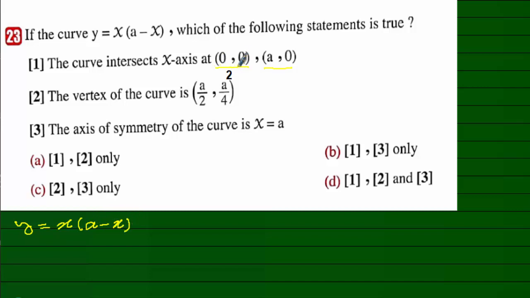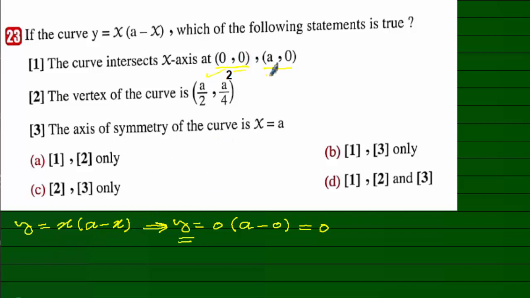In this point, x coordinate equals 0. So substitute x equals 0, we get y equals 0 multiply a minus 0, and the result equals 0. So y coordinate equals 0. So this point is true.